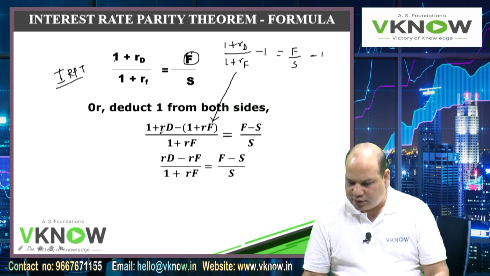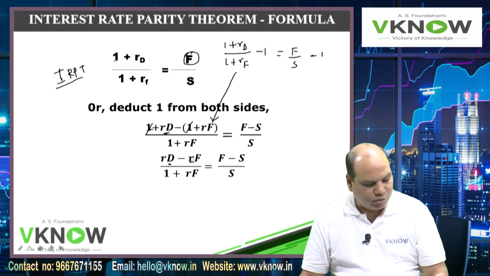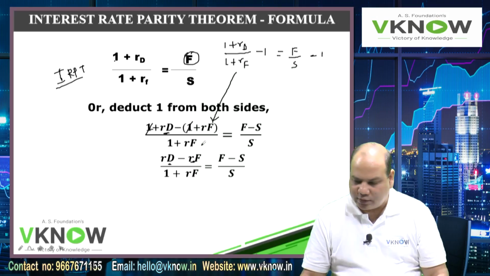So now I will simplify this. 1 and minus 1 will cancel, and the numerator on the left side will become RD minus RF. Can you see in your book? I have written it, RD minus RF.